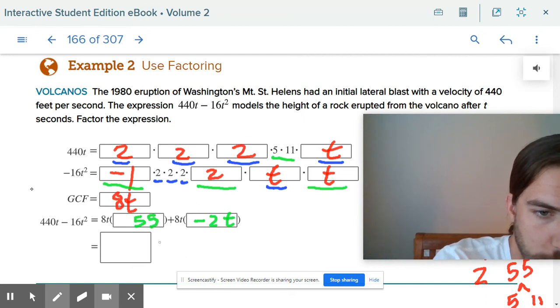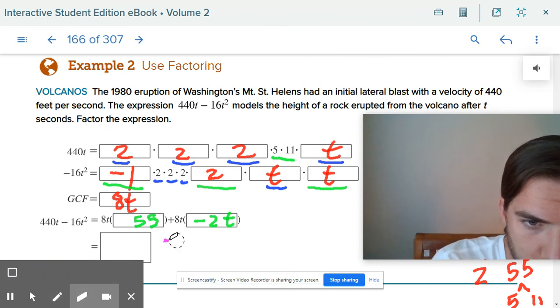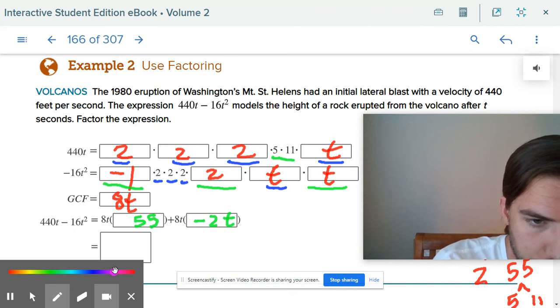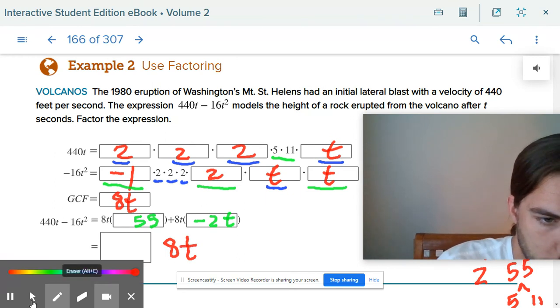8t. I'll write it over here, 8t. Let's do that in red so it tracks with what we did before. 8t was multiplied by two things.